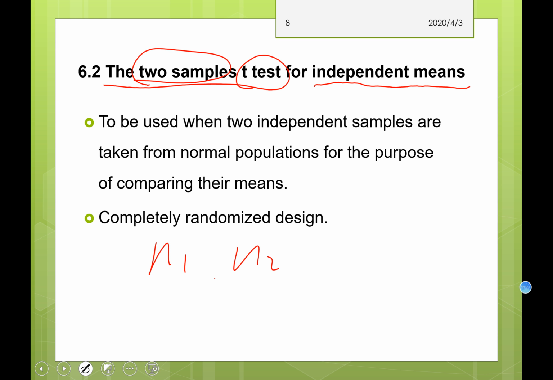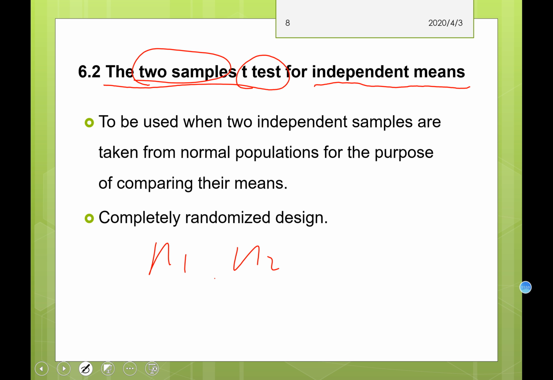For example, they are twins, or they have the same age and gender, or the 2 numbers are from the same patient, such as before and after taking a special medicine. But here, it's still 2 samples, it's still a t-test, but it's not paired or matched. We call it independent.